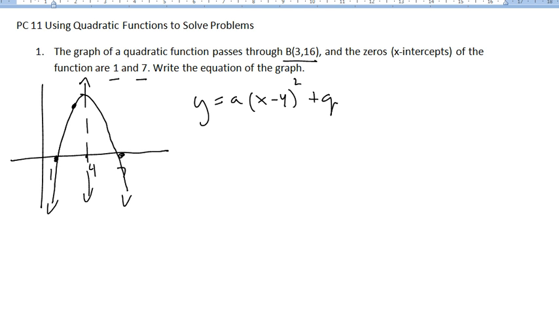So first we've got our point (3, 16). And we also have our two intercepts, so let's use (1, 0) as our other point.